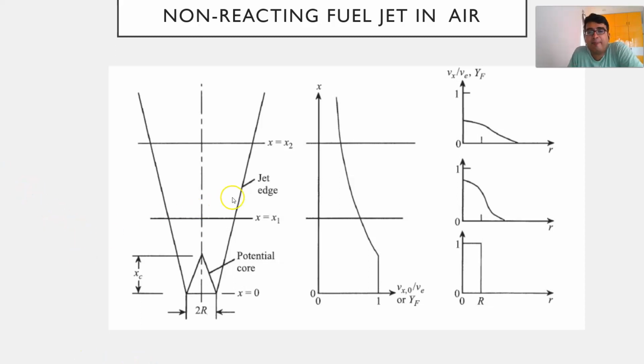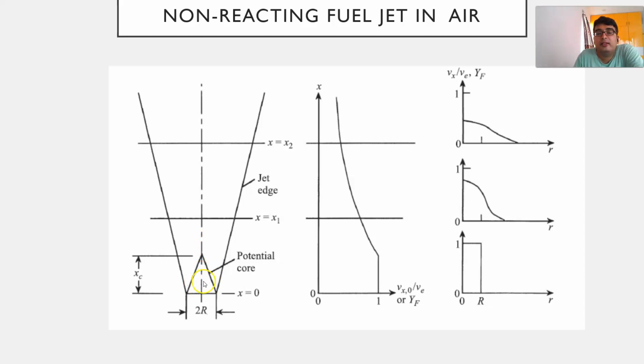So if this happens, just after the exit of the jet there is a potential core. Within this small triangular zone, the fuel jet has not felt the effect of air getting entrained. So the region here which drops out very quickly is the region of the fuel which is the free stream.